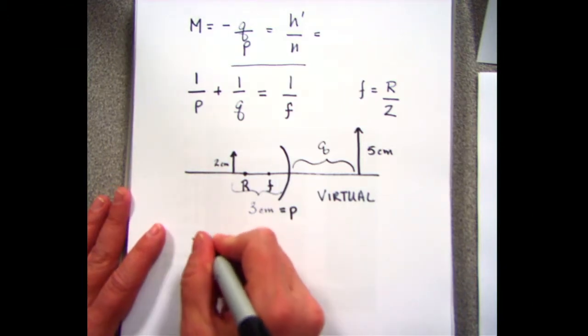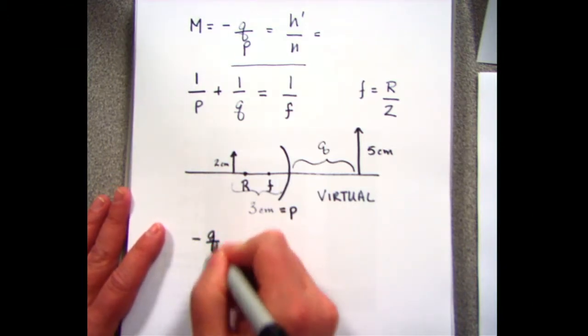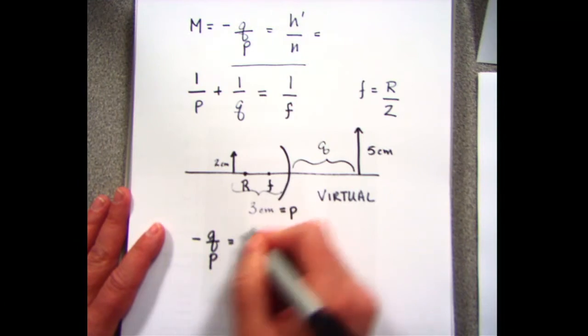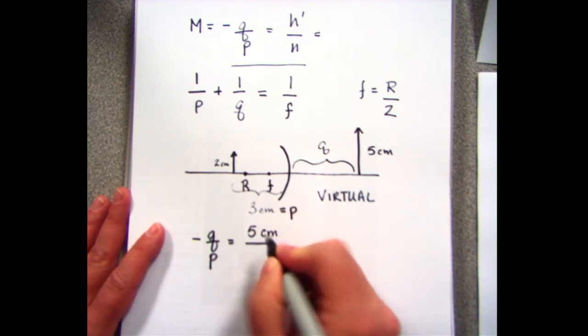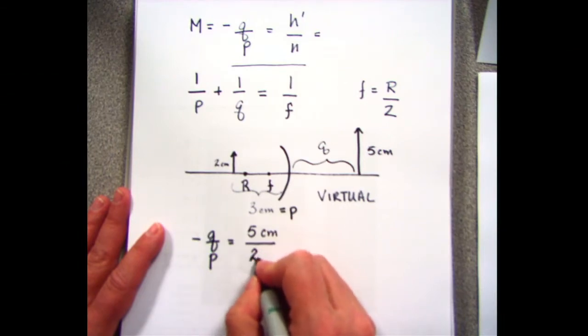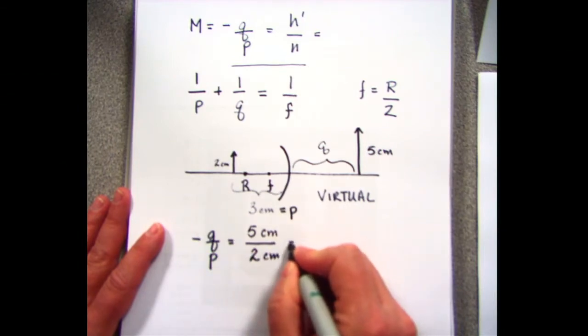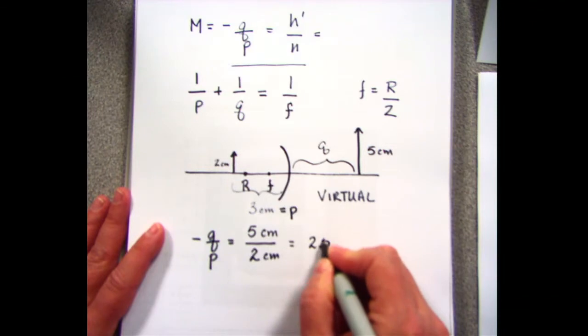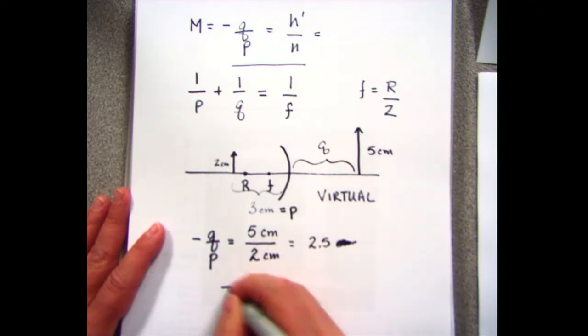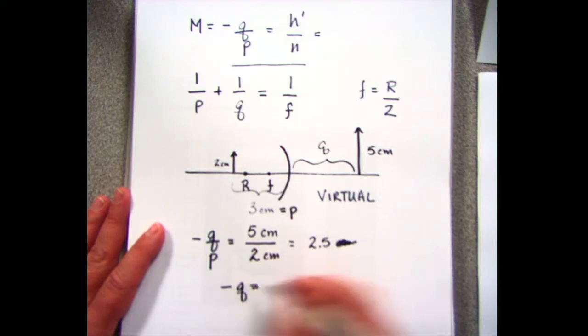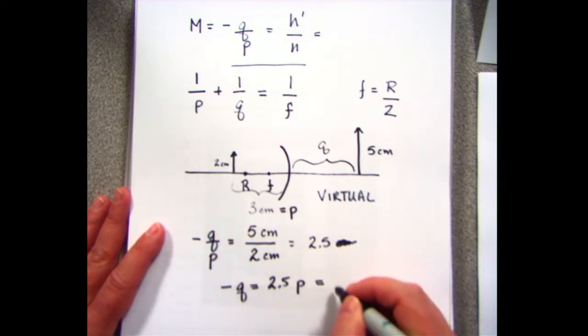So I'm going to get minus Q over P is going to give me my height, which was 5 centimeters, divided by my object height, which is 2 centimeters. Which gives me 2.5. So minus Q is going to equal 2.5 P. We know what P is. P is 3.